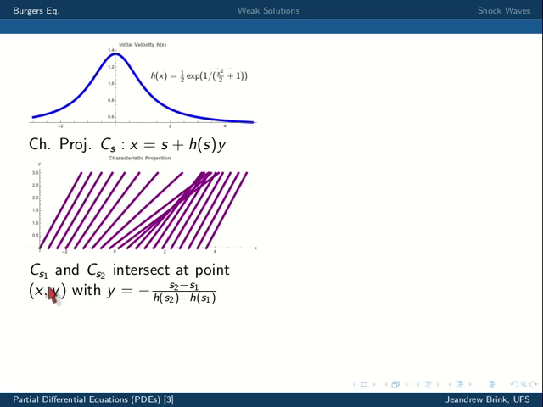Okay, and you can do that simply by writing down this equation for C_S1, where S1 is the constant, and the second equation for C_S2, where you now start at S2, and you equate them, and you eliminate x. Okay, and then you'll get x equals a value, and you'll get y equals this value where you eliminate it.